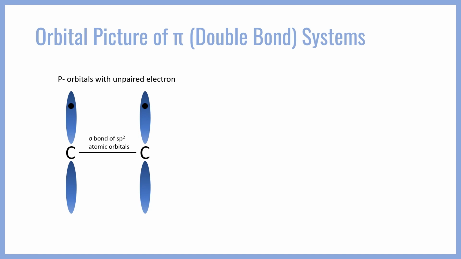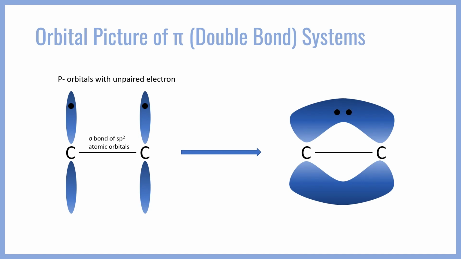However, those p orbitals that are left over after the sigma bond forms can overlap sideways to form this pi bonding orbital, which has a shape that looks sort of like the structure on the right, where you have electron density over the top and the bottom of those two carbon atoms.